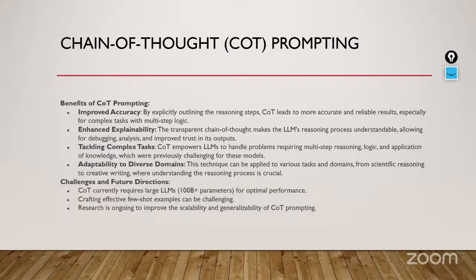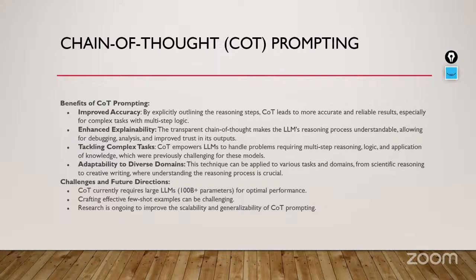Then there is adaptability to diverse domains. The technique can be applied to various tasks and domains, from scientific reasoning to creative writing, where understanding the reasoning process is crucial. Now what are the different challenges when it comes to chain of thought?